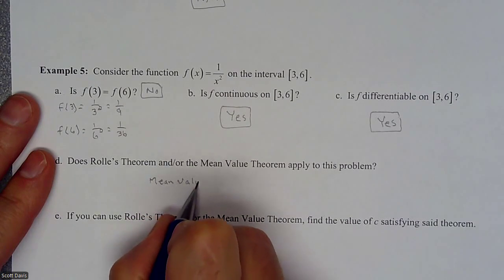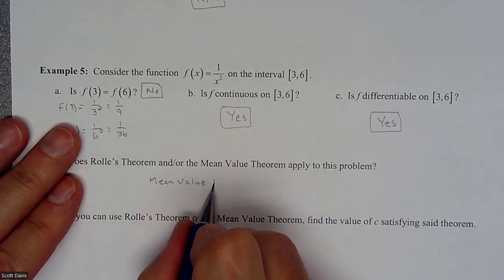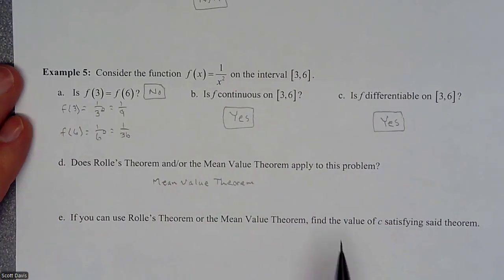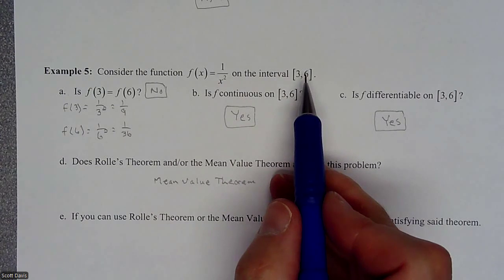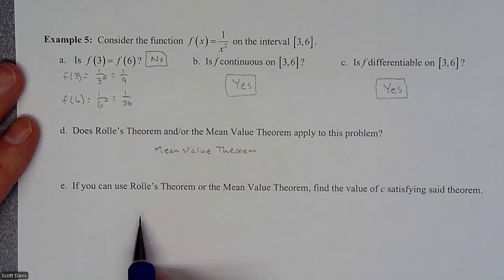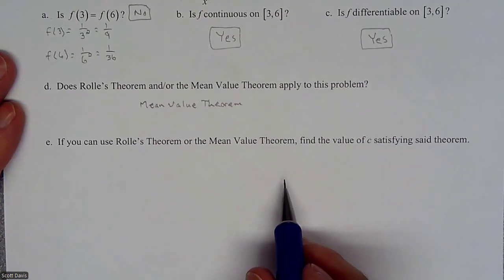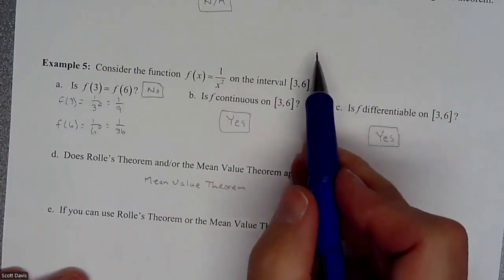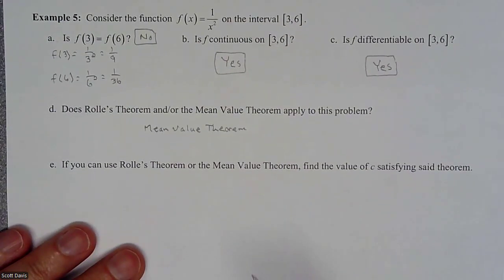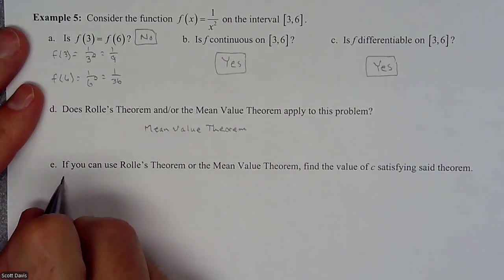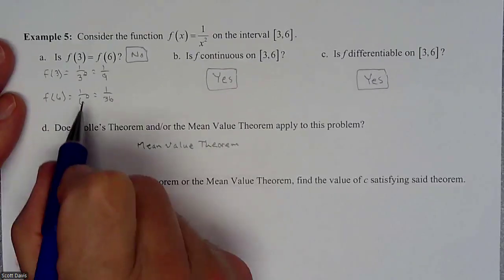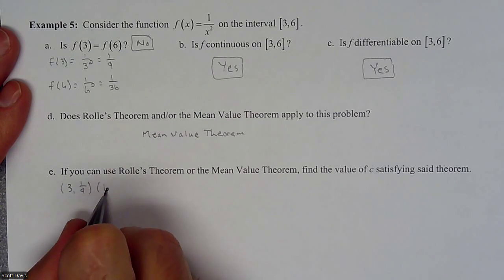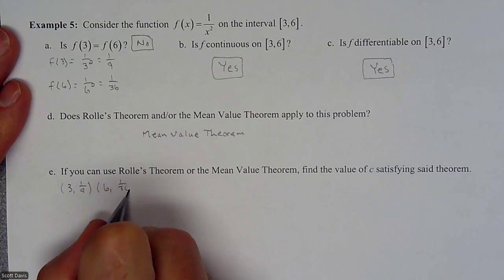What that means is we need to find the slope between these 2 points, between 3 and 6, then do our derivative and figure out where on that graph from 3 to 6 has that exact same slope. First, let's find the slope. When we plugged in 3, we got a ninth. When we plug in 6, we got 1 over 36.